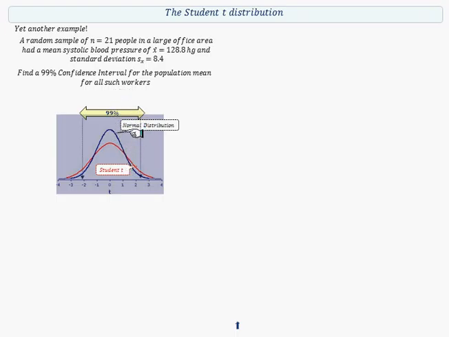For the normal, 99% confidence, the z-score is 2.575. For the t-distribution, we want to look at a larger interval given by the critical values that come on the screen here. Now notice that for 99% confidence, the area in one tail is 0.005.